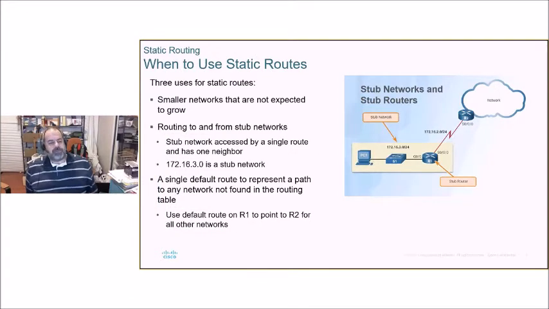Okay, so when should you use static routes? Smaller networks that are not expected to grow, stub networks, and so basically this is a stub network here. There's a router hooking into an ISP or a larger network, and so really there's only two routes that are required to get a stub network to work. This router needs a default route saying the rest of the world's that away, and this router needs to know how to find this network, and that's all you need to do.